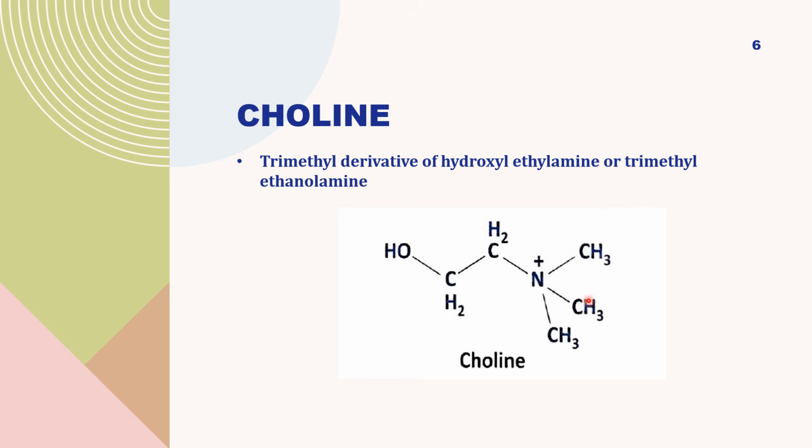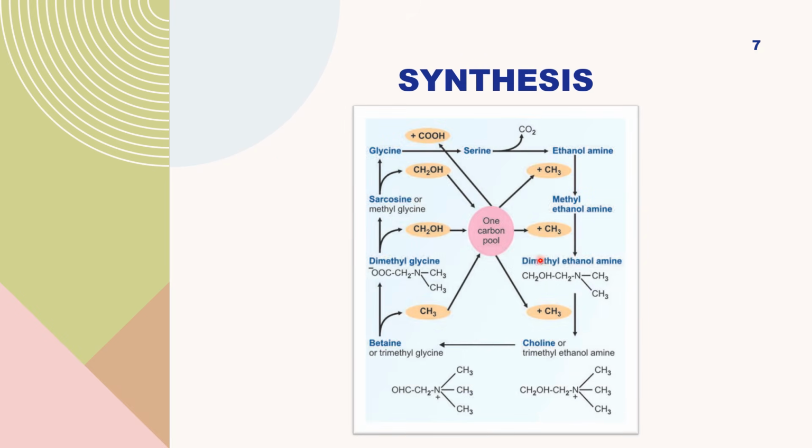So here we have three methyl groups, trimethylethanolamine. From where are we getting this ethanolamine? The serine undergoes decarboxylation. The amino acid serine, which is derived from glycine, undergoes decarboxylation to form ethanolamine, which will subsequently undergo methylation.